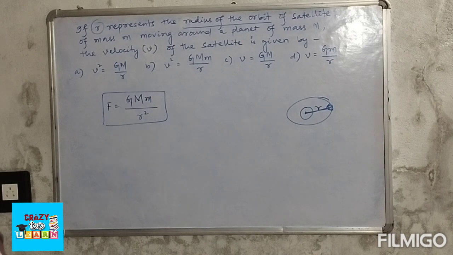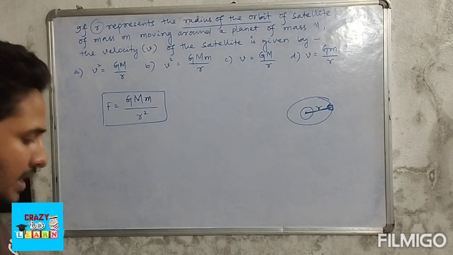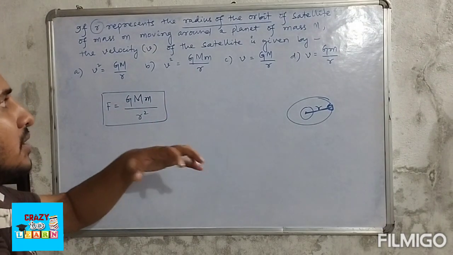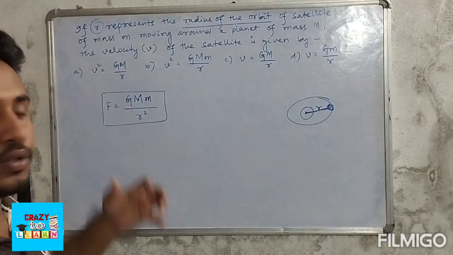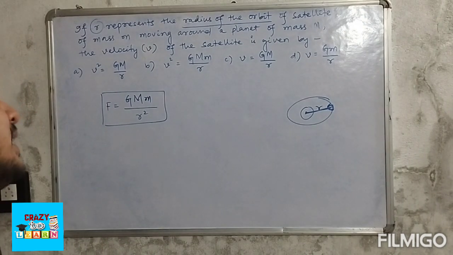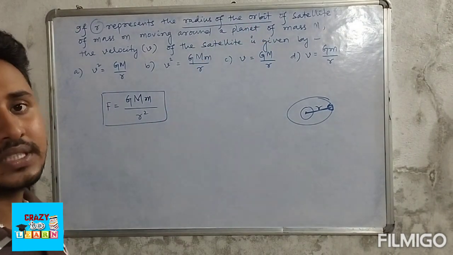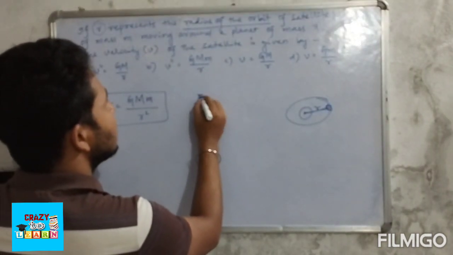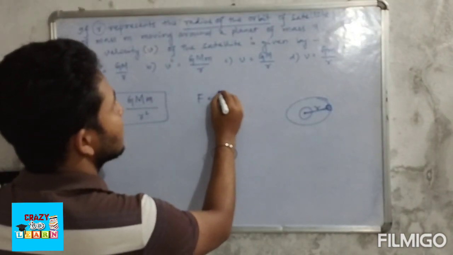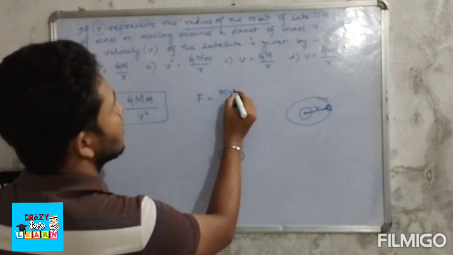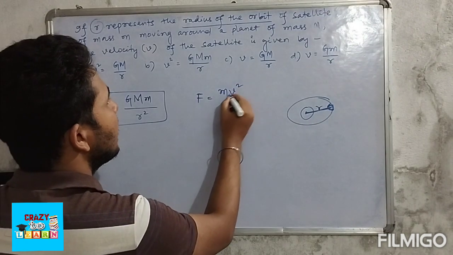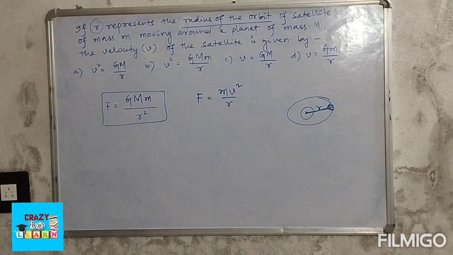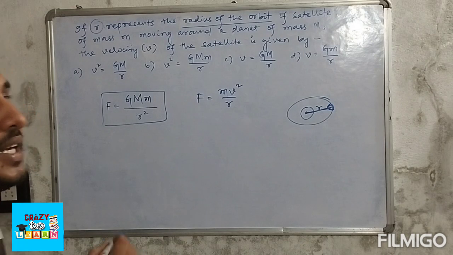And if we go to the concept of centripetal force, when an object is moving according to the centripetal force concept, what is the centripetal force for the satellite? The centripetal force F for the satellite is the mass of the satellite m and the moving velocity of the satellite, m v square by r, where r is the distance. It is according to the centripetal force.